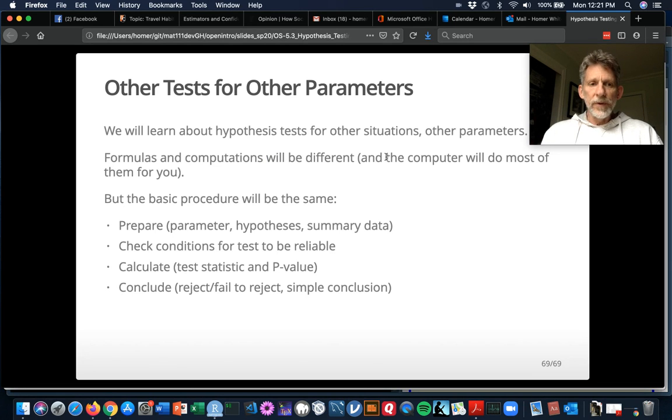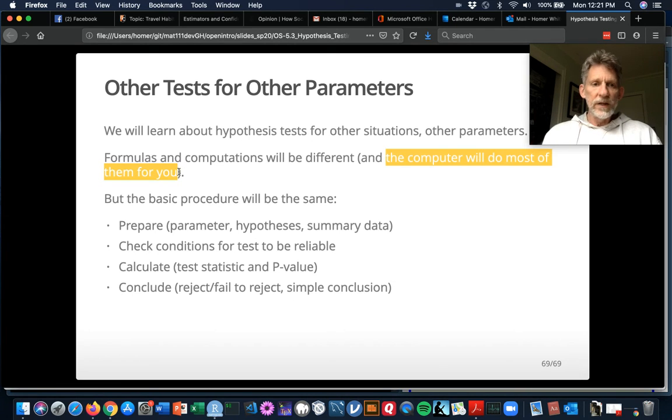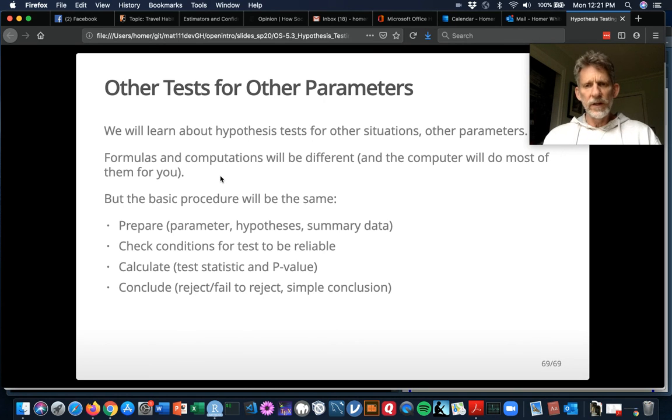And good news coming up, the computer is really going to do most of those computations for you. You're not going to have so many computations that you have to write in by hand using R like a calculator. That was just kind of an introductory thing for this chapter. But the basic procedure is going to be the same.